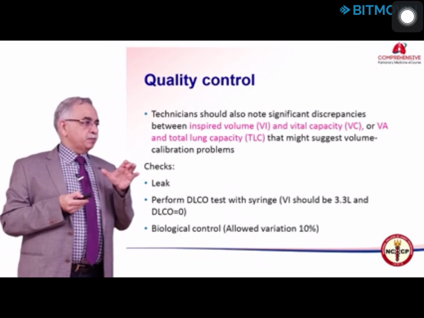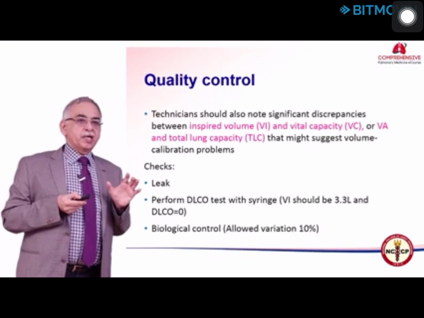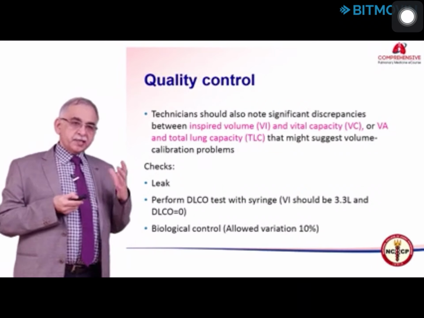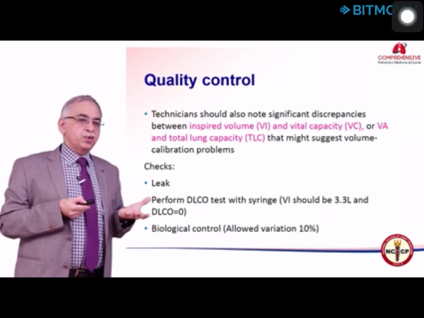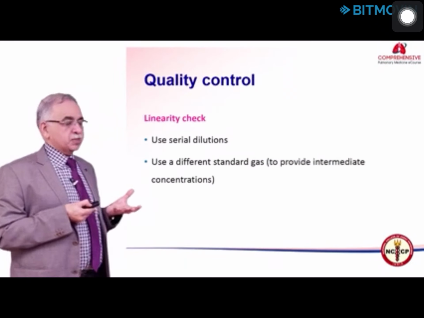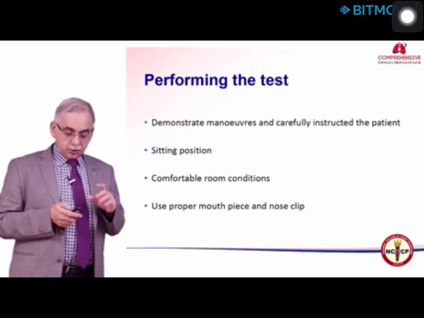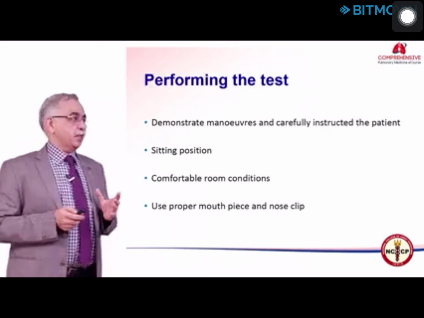If the variation in measurements is up to 10% or less, it means your equipment is working fine. So, technical quality control is a very important component of diffusion capacity measurements, as it is true for all other lung function measurements.